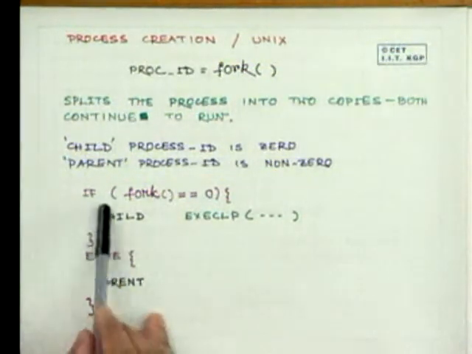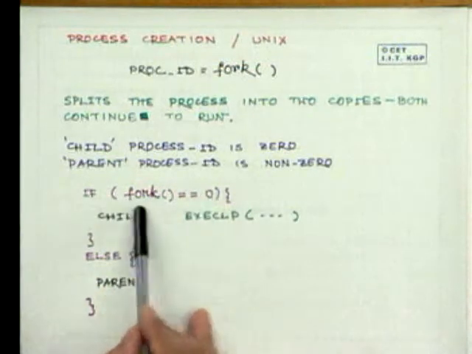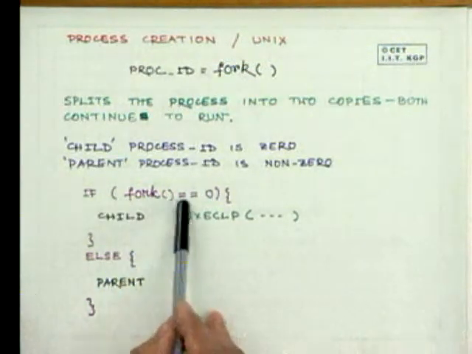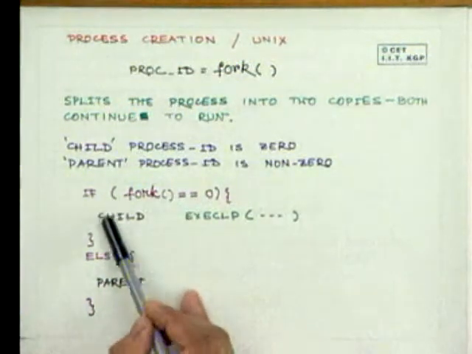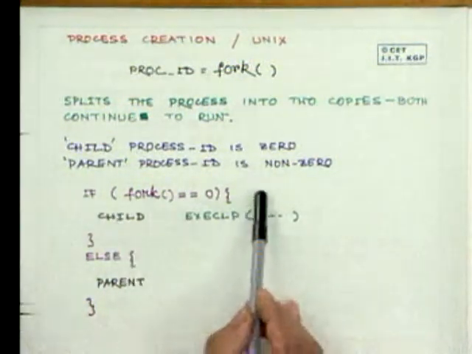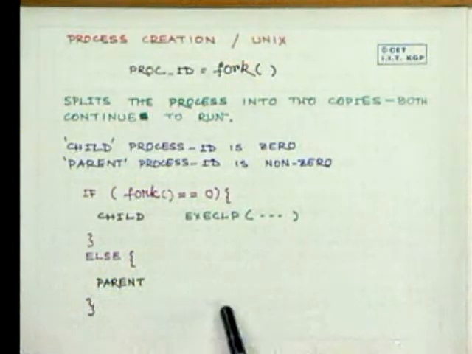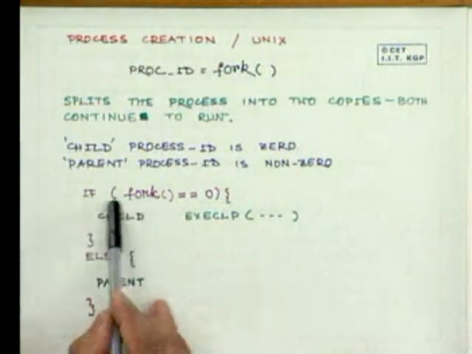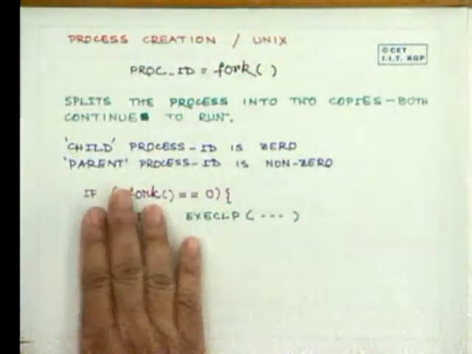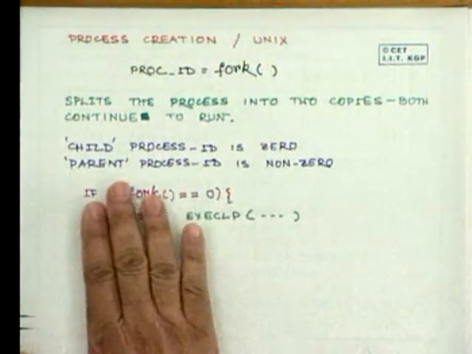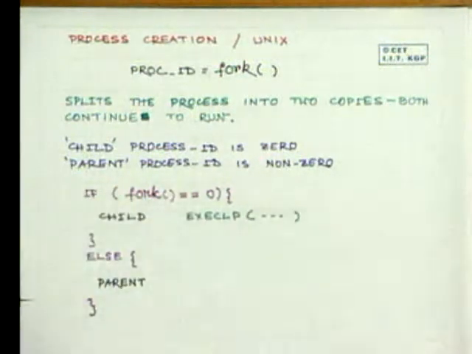Now, here if we put a condition that if the fork value equals 0, that means we are talking about the child, then this section of the code will be executed in the copy which is the child. Okay, because the two copies are created of the same address space.